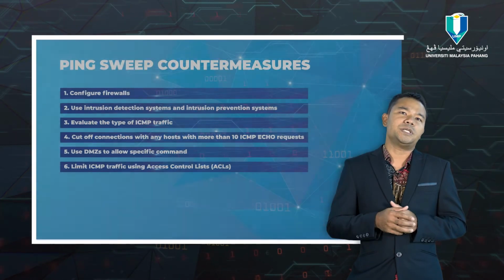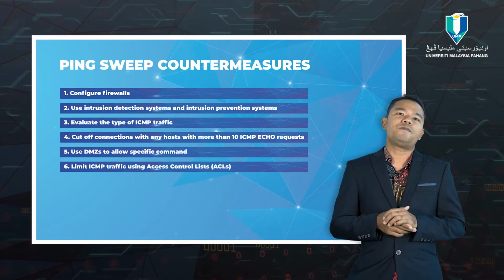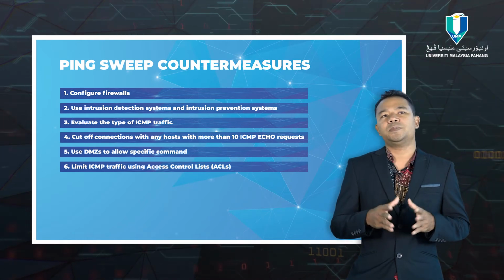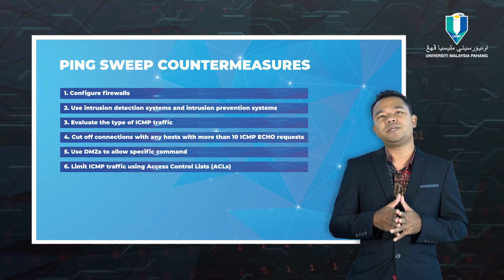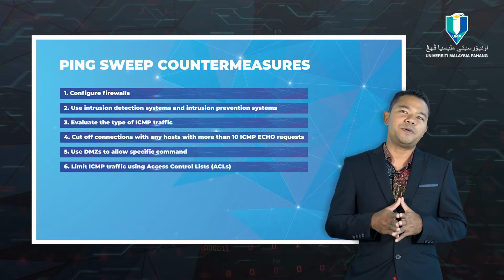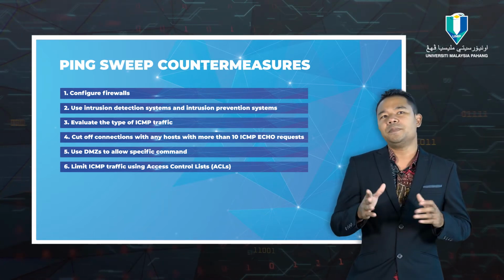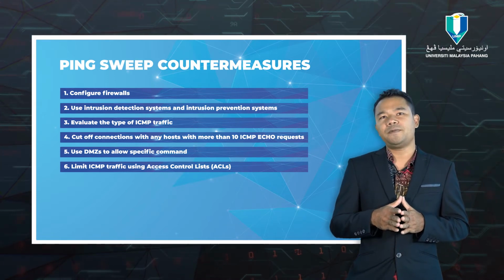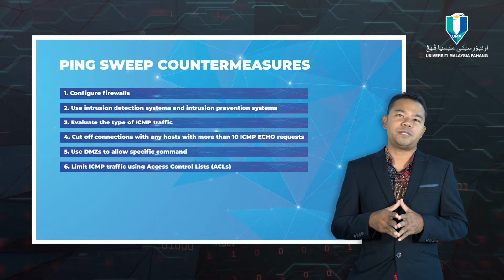Ping sweep countermeasures. Number 1, configure the firewall to detect and prevent ping sweep attempts instantaneously. Number 2, use an intrusion detection system and intrusion prevention system like Snort to detect and prevent ping sweep attempts. Number 3, carefully evaluate the type of ICMP traffic flowing through the enterprise network.